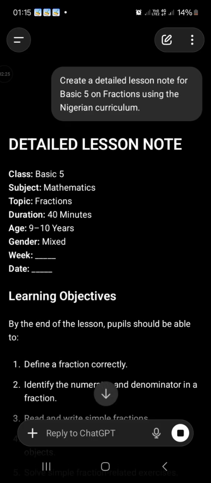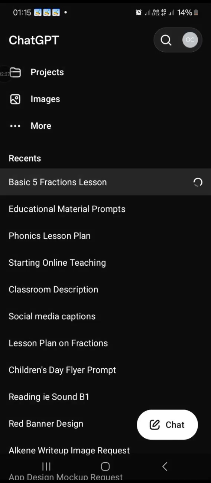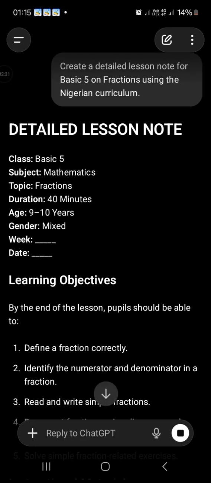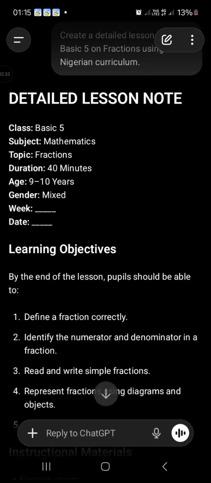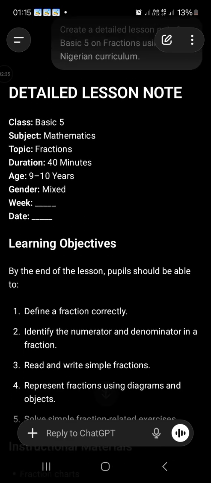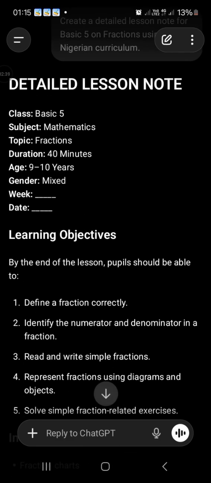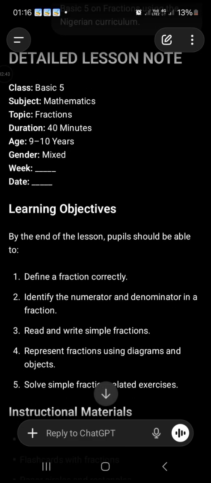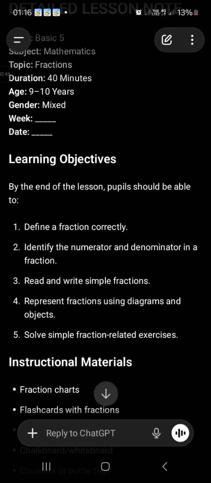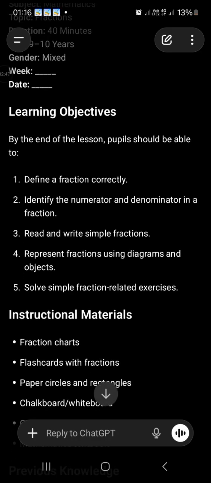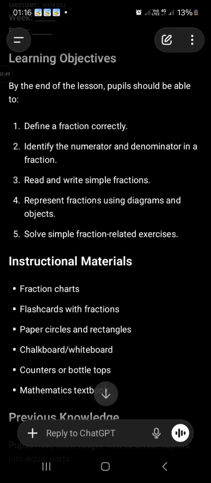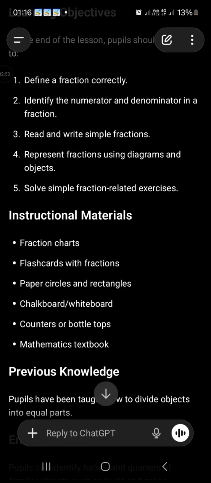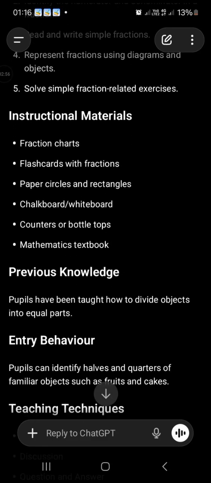So you can see, when you say create a detailed lesson note for Basic 5 on fraction, the outcome is as easy as that. You see the class, subject, topic, duration, the age, the gender. Then the learning objective: define a fraction correctly, identify the numerator and denominator, read and write simple fractions, and the instructional material.